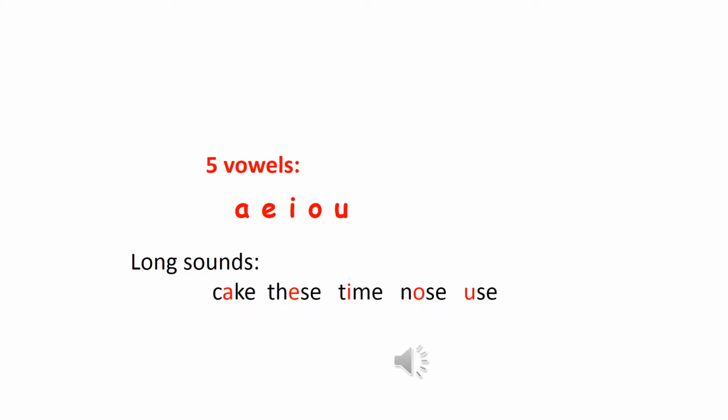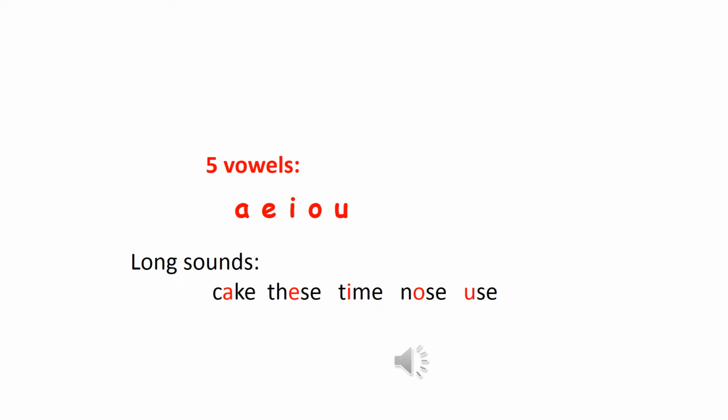And these 5 vowels in English also make what we call a long sound. And the sound of a long vowel is actually the same sound as its name. So for example, the vowel A makes a long sound A in the word cake.